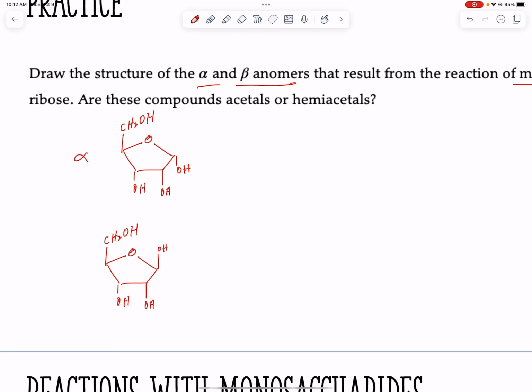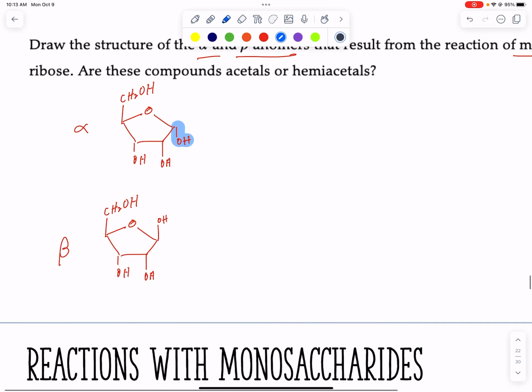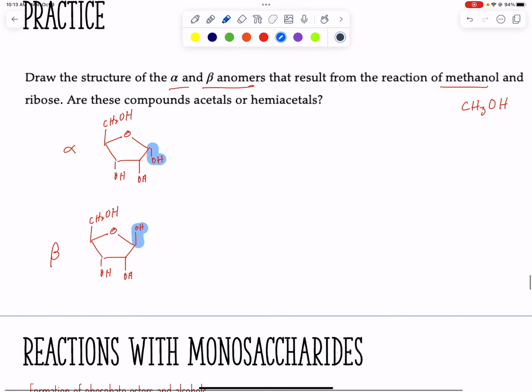So this would be our alpha anomer. This would be our beta anomer. Again, because the orientation of the OH here is opposite of the CH2OH, carbon 6. And I guess it'd be carbon 1, 2, 3, 4, carbon 5 here. Only 5 carbons in ribose. Here the beta, because it's oriented up, same plane as CH2OH.